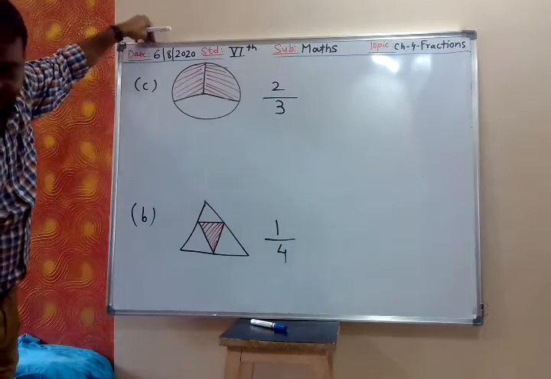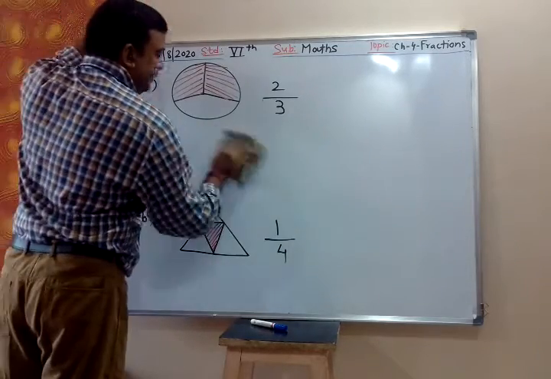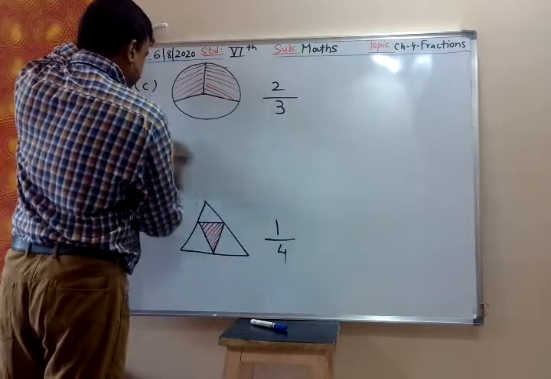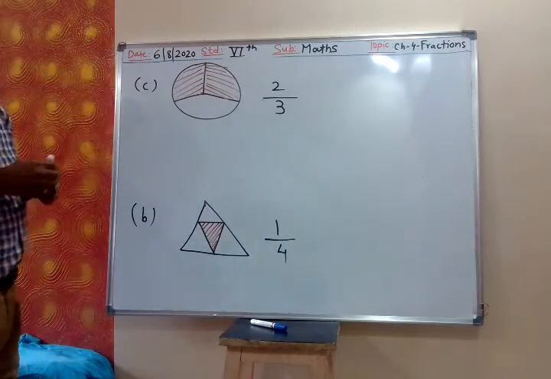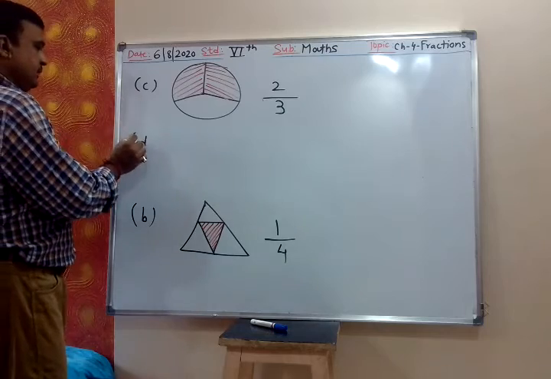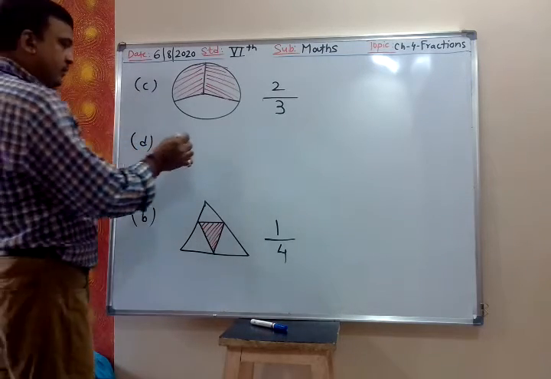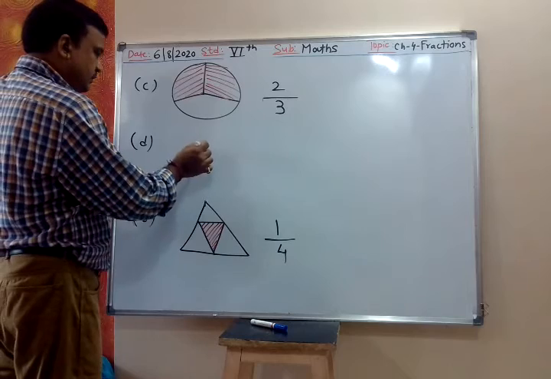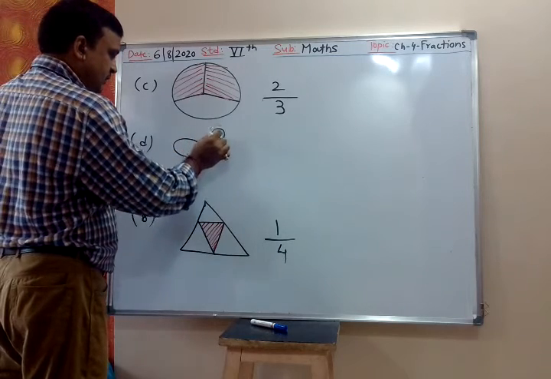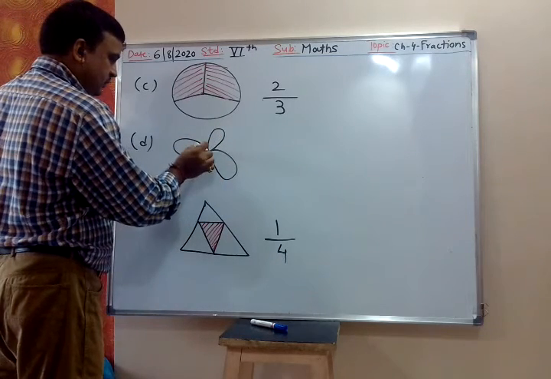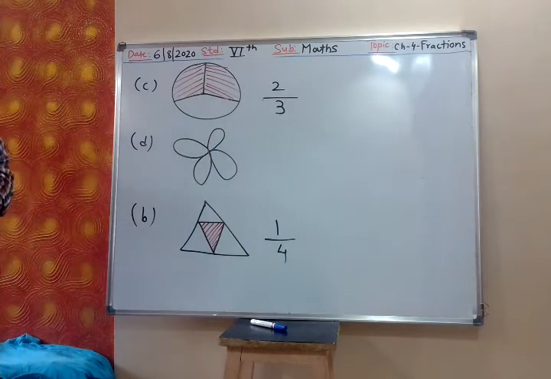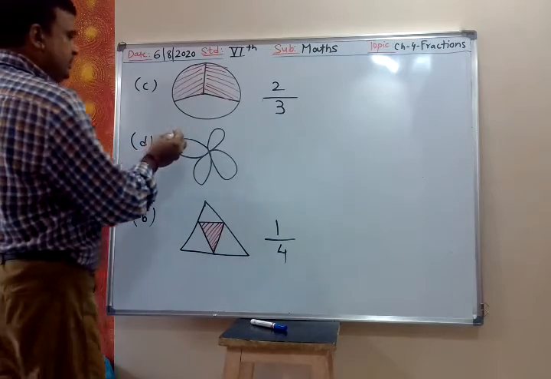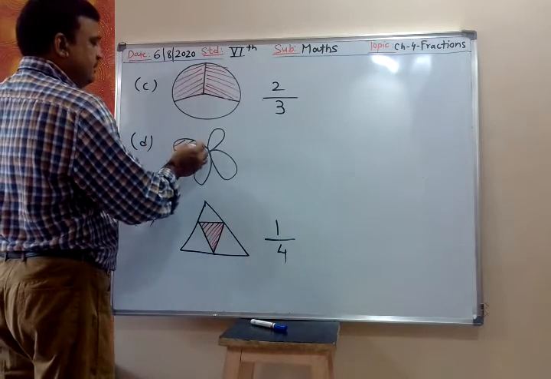Now D. Total 4 petals are given, out of which these 3 are shaded.